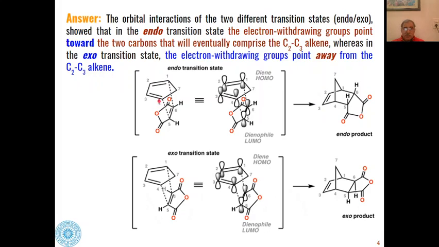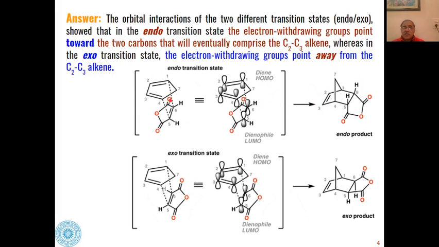So basically this 1,2 bond is going to react with this carbon 6, and this bond is going to react at carbon 5, and a new bond is to be formed at carbon 2 and 3, as you can see over here.